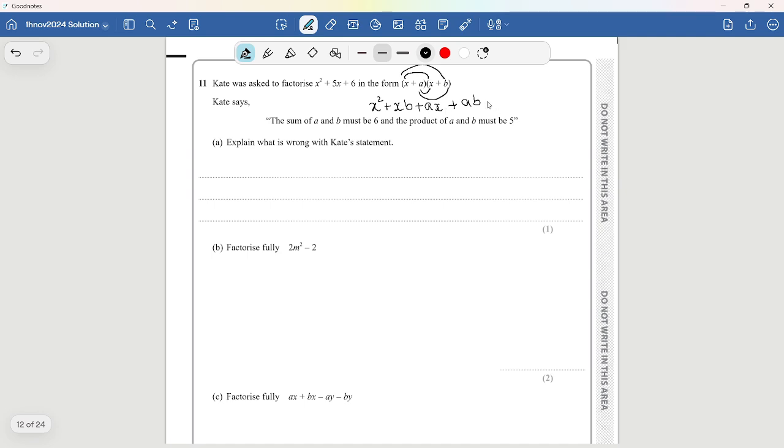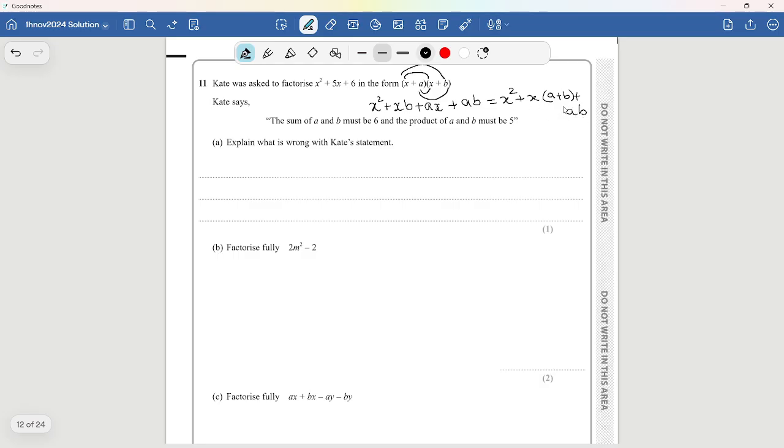So this can be further simplified too. We can take the like terms together. So we've got x squared as the first term, and for the like terms, if I take the common term, which is x, then I get a plus b, and the final term here is ab.